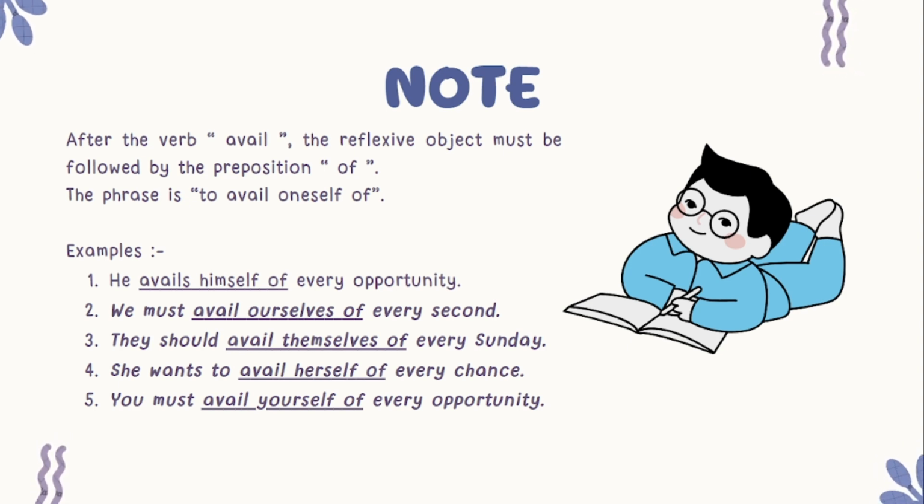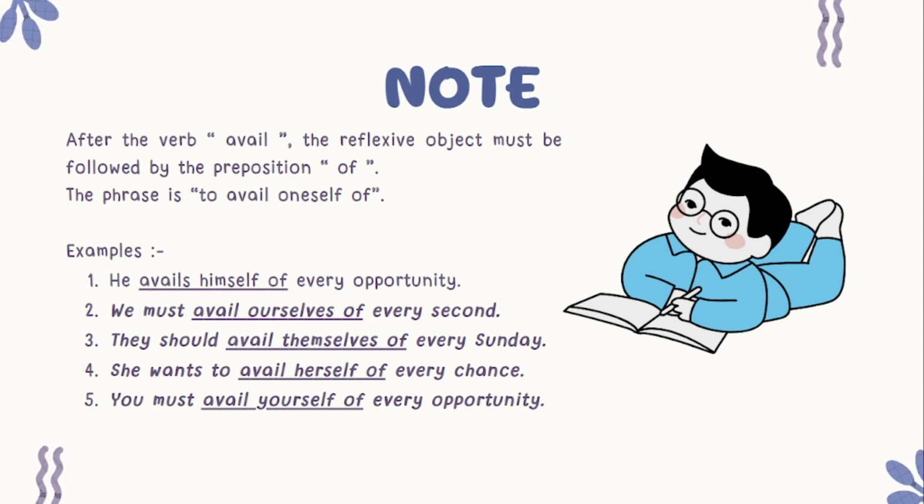She wants to avail herself of every chance. In this sentence, the subject is she, wants is the main verb, avail is also a verb in this sentence. Herself is a reflexive pronoun. Herself is followed by the preposition of.